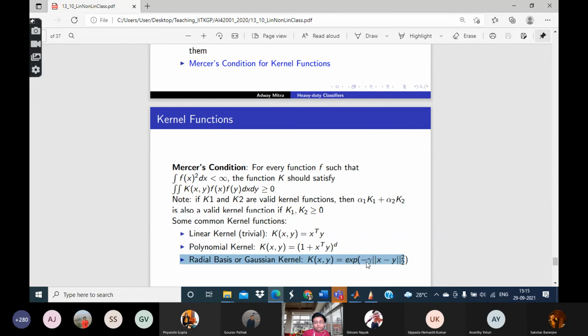Same thing about this RBF kernel also. So here gamma is a parameter. You just calculate the L2 norm of the difference between x and y, which you can also call the squared Euclidean distance between the two vectors, and then multiply this by a factor of minus gamma and take its exponential.